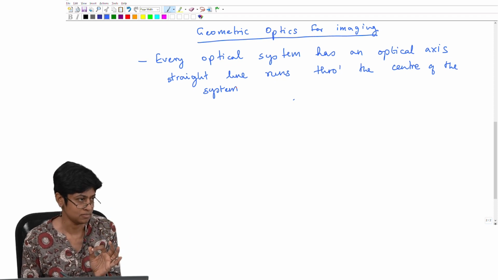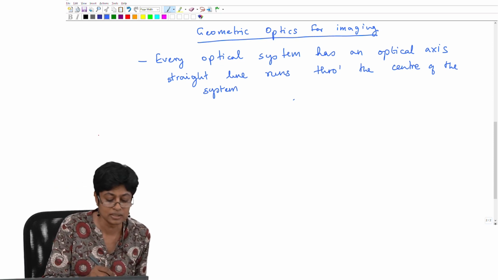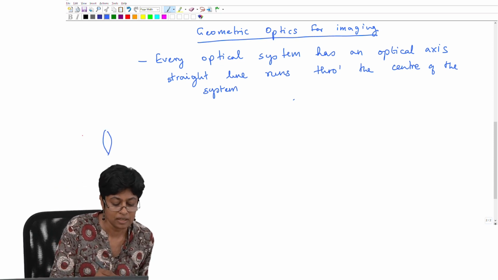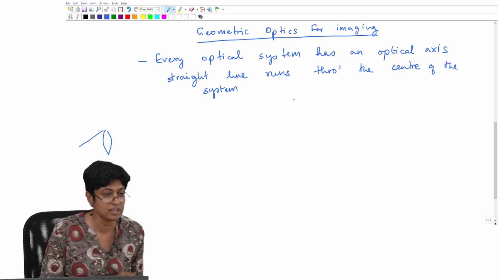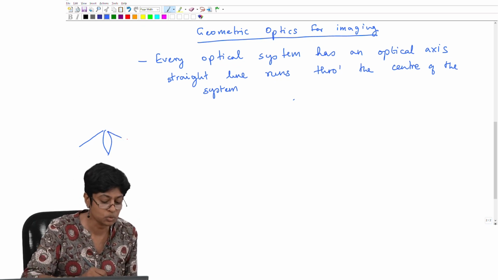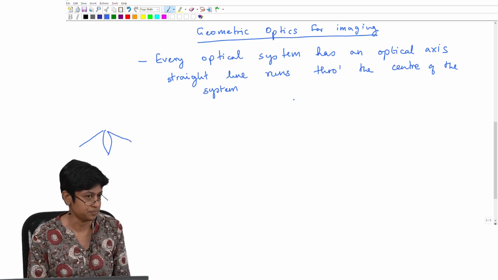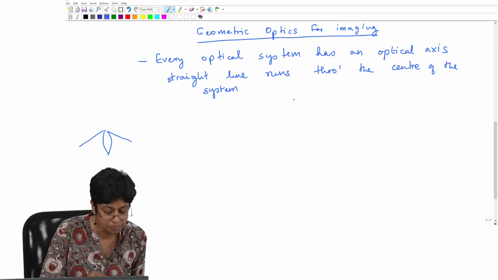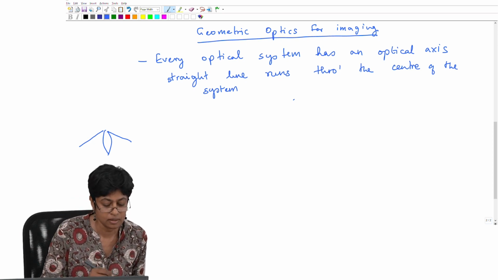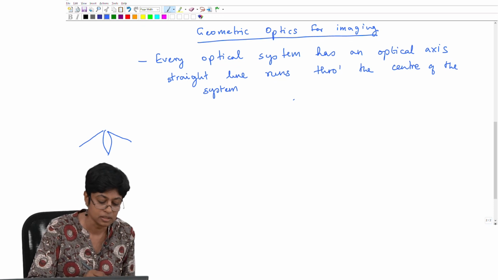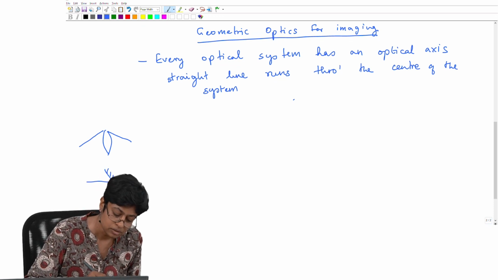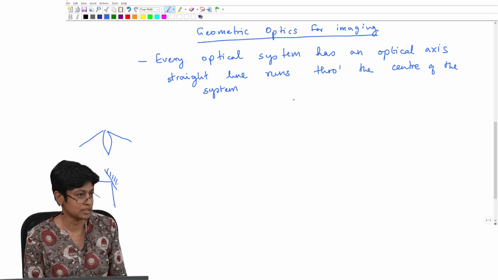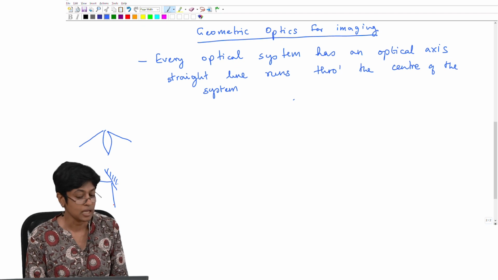system. Okay. So if you consider a lens, and if I had a ray that was traveling like this, you know the lens is going to bend the ray. Right? If I have a mirror and I had a ray traveling like this, you know that it's going to travel at some angle.